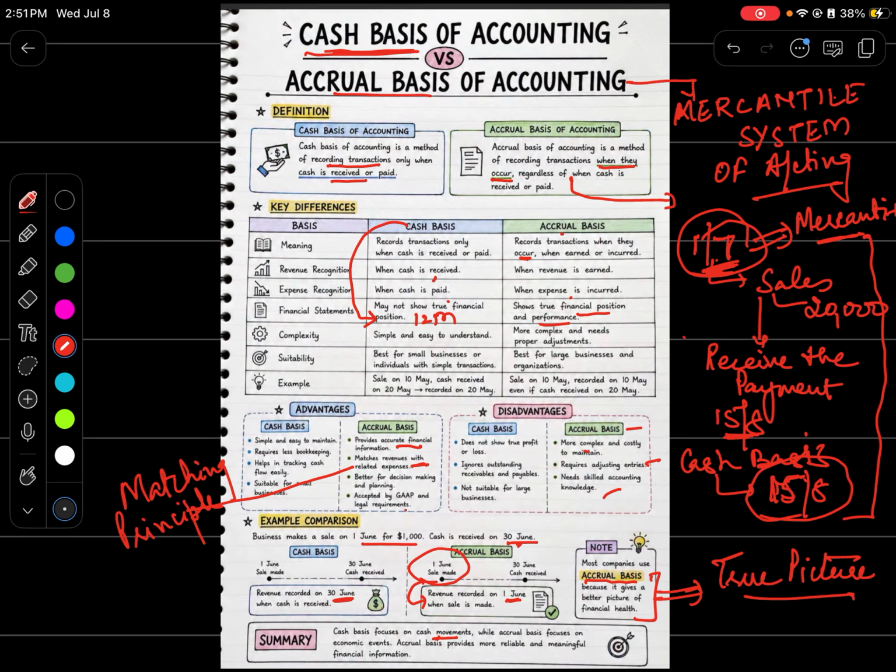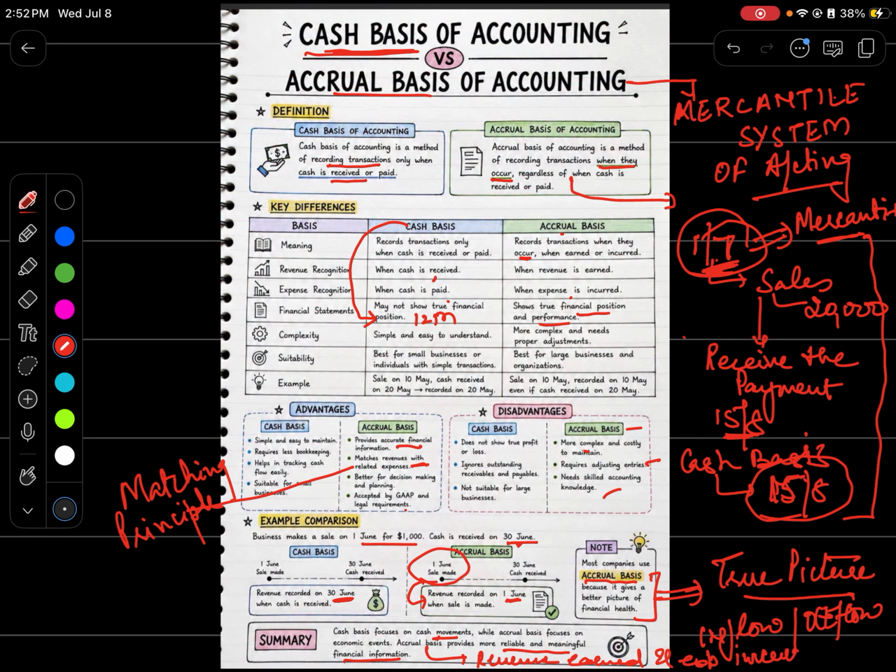We are recording the transaction as and when there is an inflow or outflow of cash. And accrual basis is more reliable and meaningful, and is based upon whenever the revenue or expense is generated. Revenue is earned and expense is incurred.